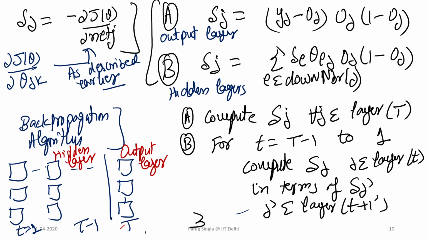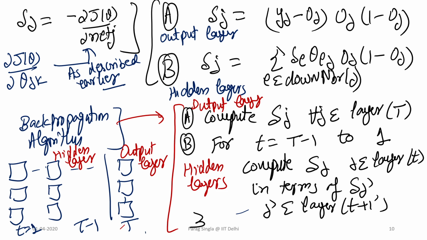And that's it. That is the end of the for loop. So this entire algorithm is essentially the backpropagation algorithm, which is computing first the gradients in the output layer and then in the hidden layers.